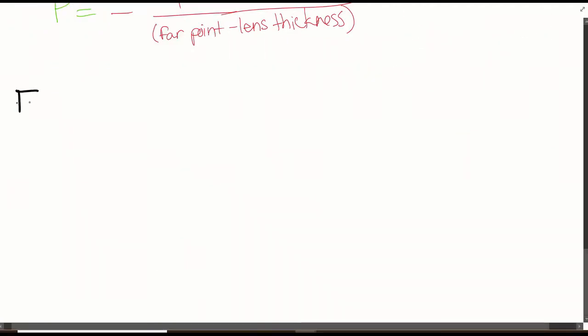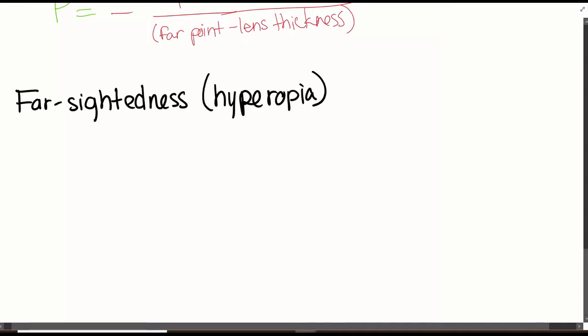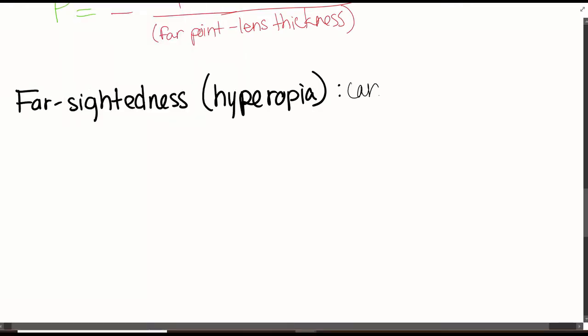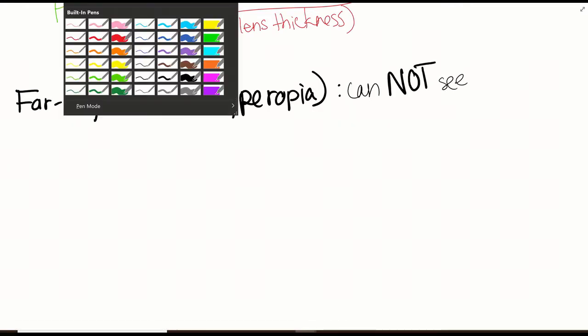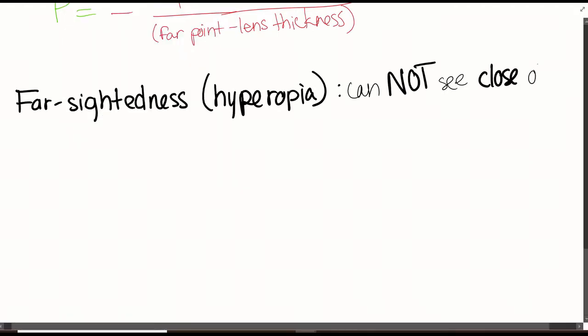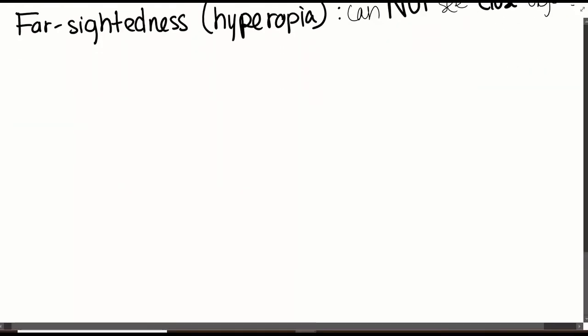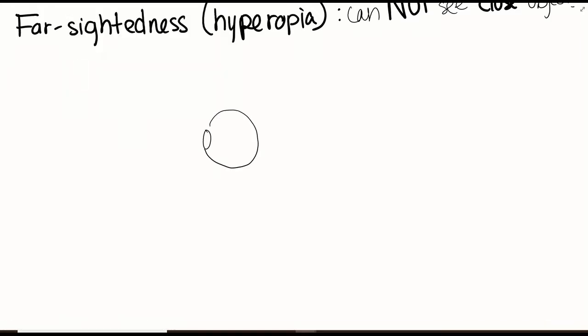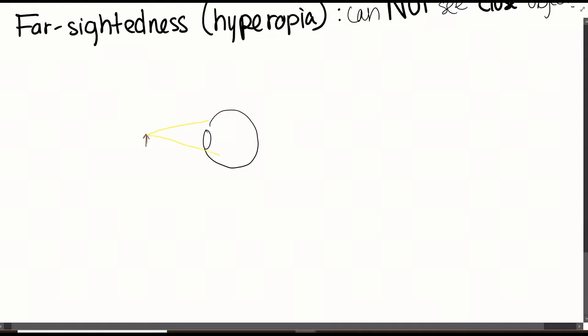Farsightedness or hyperopia is the inverse of nearsightedness. Farsighted individuals cannot see close objects. The object's image is formed behind the retina.